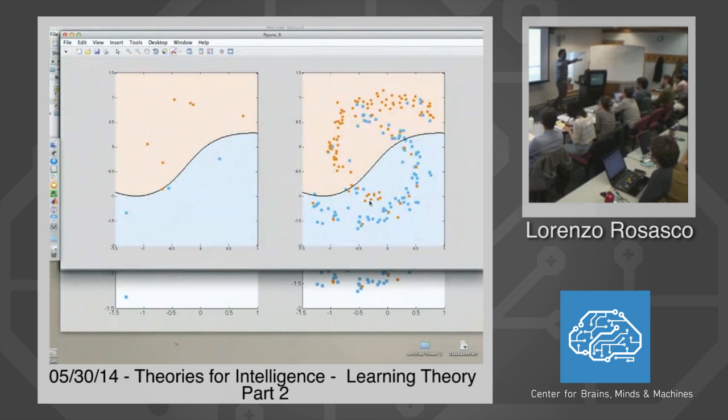I make the Gaussian so big that essentially I'm going to have a function which is very smooth.